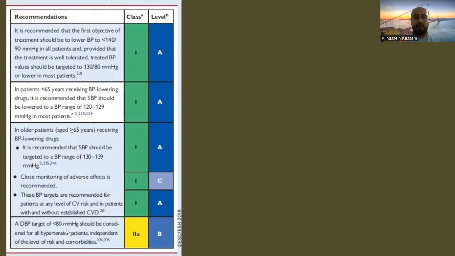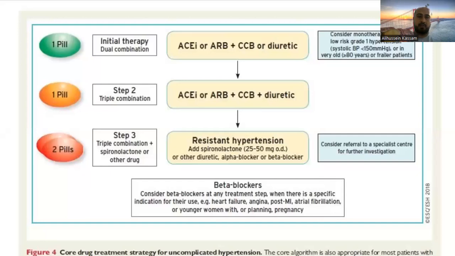So again, we have three targets: a systolic range of 130 to 139 for patients above 65, a target of 120 to 129 for patients below 65, and a diastolic BP target of less than 80 for both. And how do you start? Always start with one pill with a dual combination.